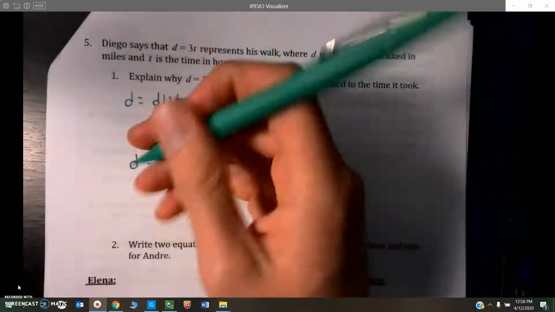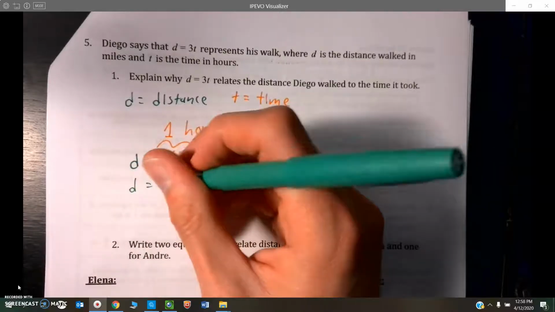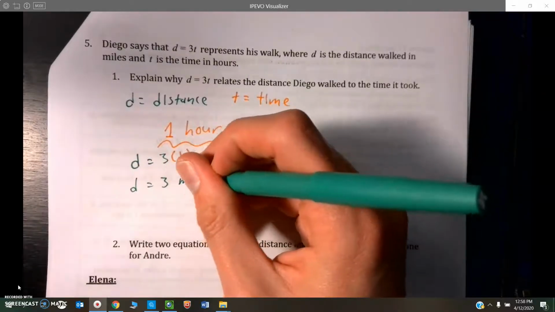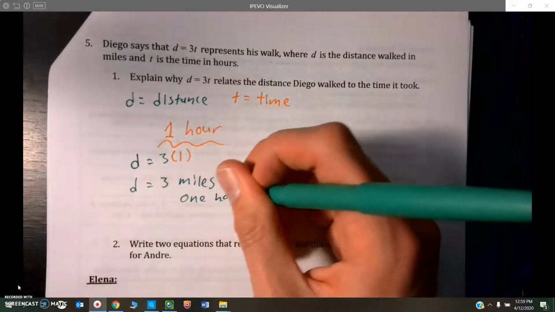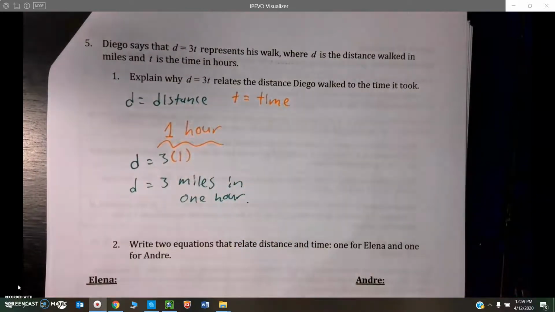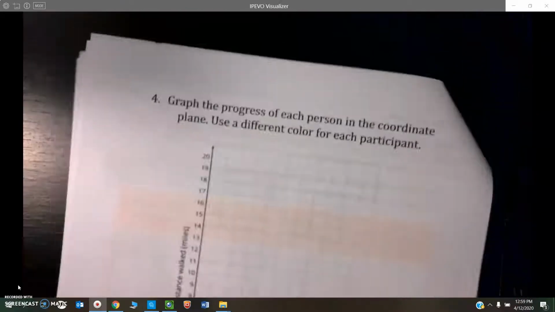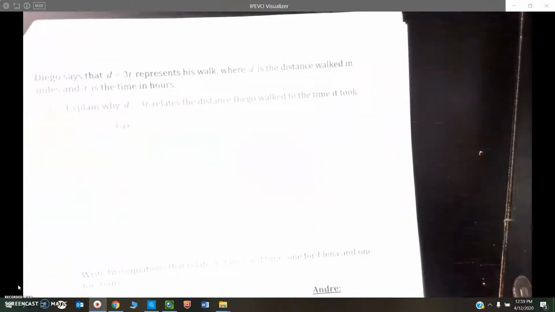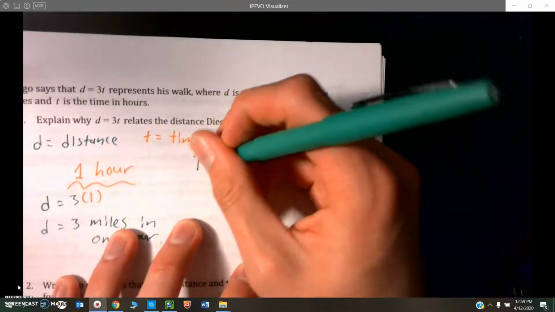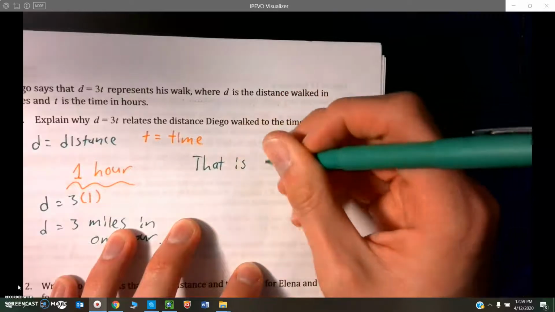And that's telling us that in 1 hour, he walked 3 miles in 1 hour. Is that true? Let's go back and look at our table. Right here, Diego walked 3 miles in 1 hour. That is true. Okay? So that is true.